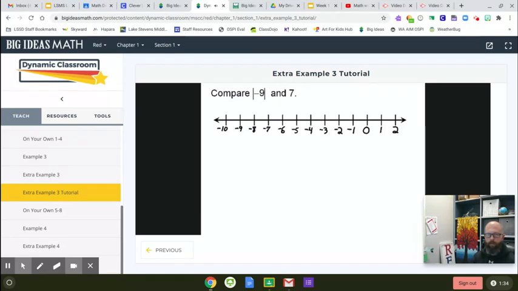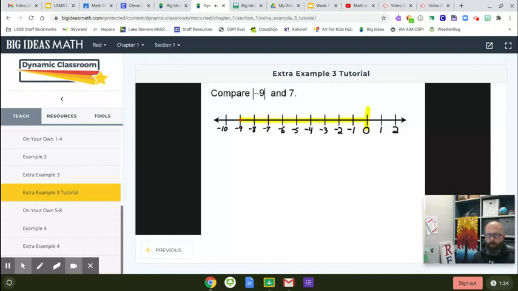The distance between 0 and -9 is 1, 2, 3, 4, 5, 6, 7, 8, 9. So, the distance between 0 and -9 is 9. This means that the absolute value of -9 is equal to 9.